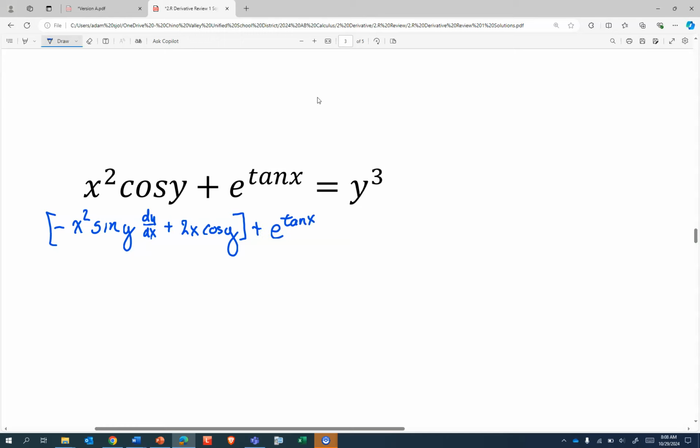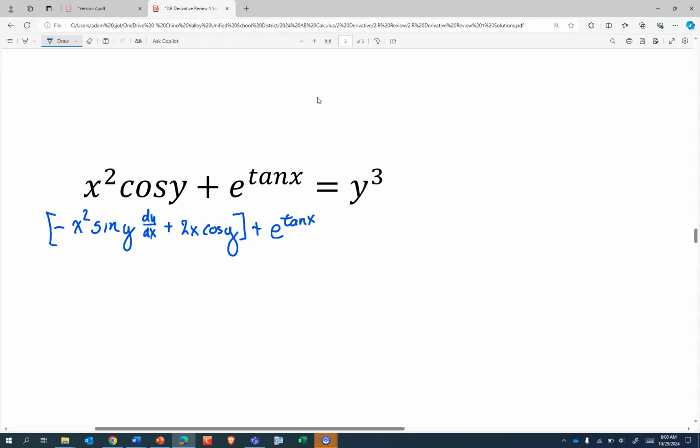Which side do we want to move stuff to? I think we want to move the dy dx's to the right. So that's going to be dy dx times 3y squared, and then we'd be adding x squared sine y. I can do that without writing it twice.